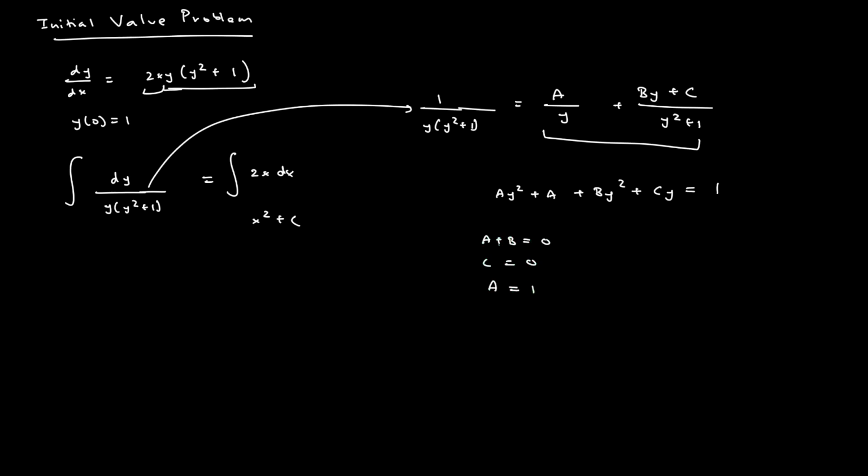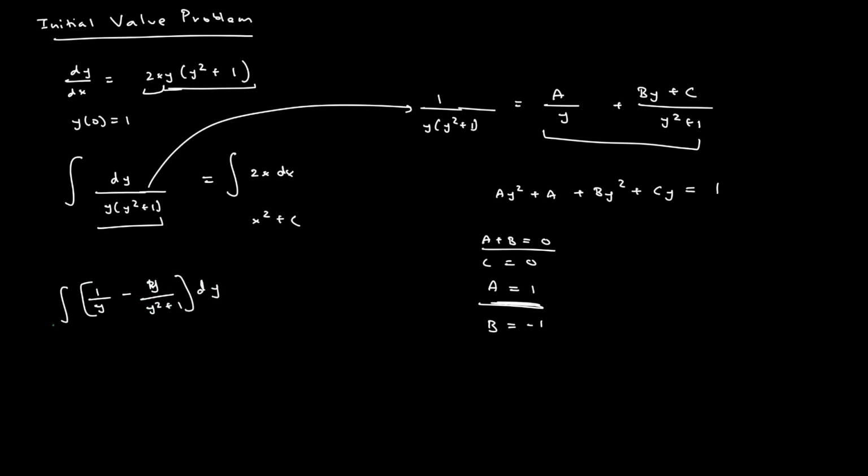And because a is equal to 1, b is equal to -1 because of this equality. And now we have decomposed our left integral into simply the integral of 1 over y minus y divided by y^2 + 1, and then times dy.